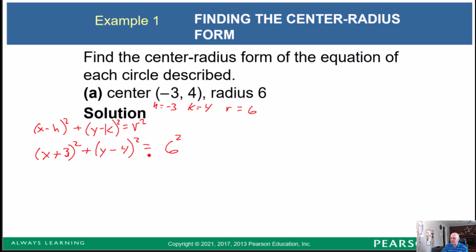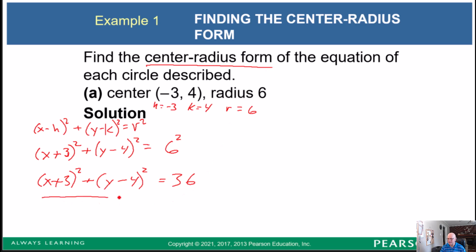We want the center radius form, so x plus 3 squared plus y minus 4 squared equals 36. Okay, that's it. And we wanted the center radius form. That's why we end up with this.